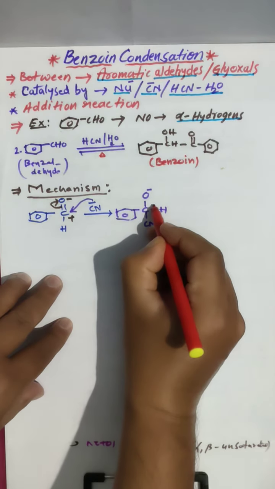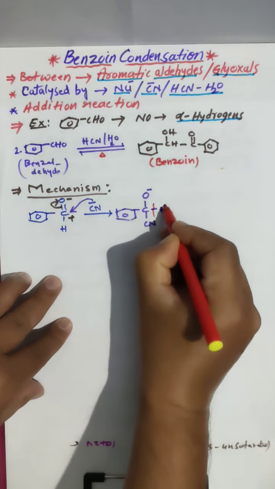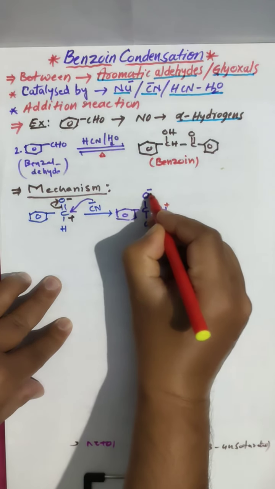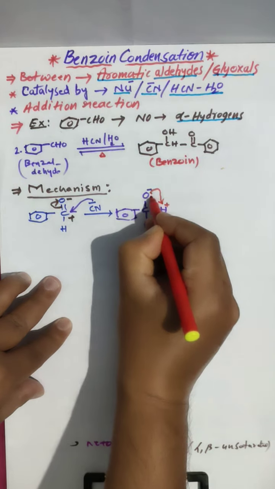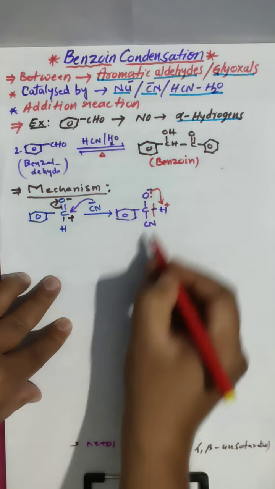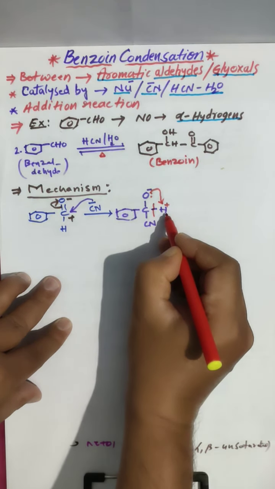Clear? Now this bond is going to break. This is plus. Immediately this oxygen will donate electrons because it has lone pairs. Then these two will be bonded as an OH group.